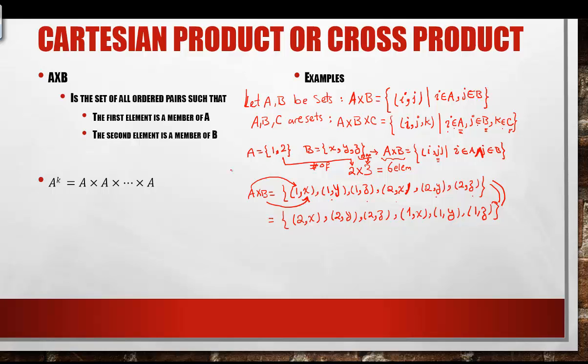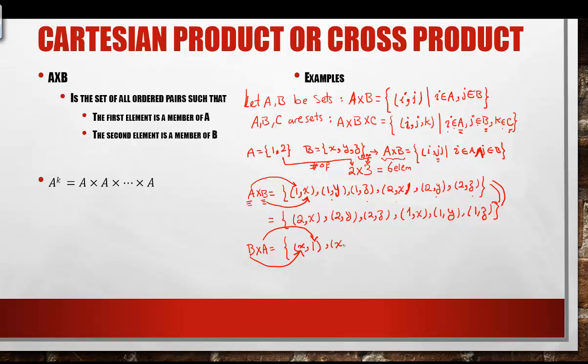Item number 2. Notice that in the cross product of A cross B, the first elements are numbers that come from A, and the second elements are letters that come from B. This should immediately show you that the cross product of B cross A will again be a set, but in this set the first element comes from B, so the first element is going to be X, a letter, and then the second element comes from A. See, the first element comes from B, the second element comes from A, right?